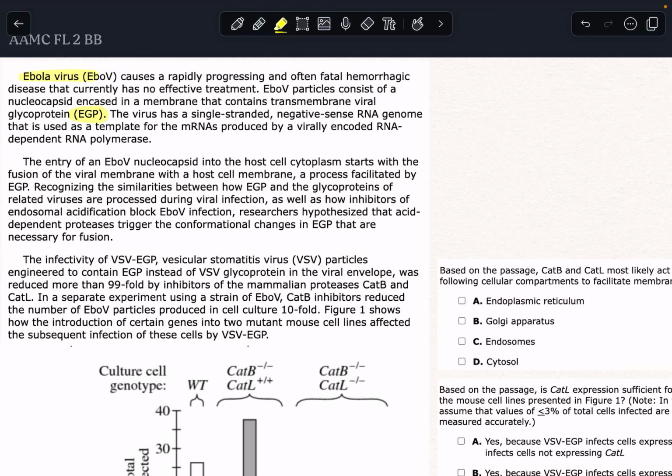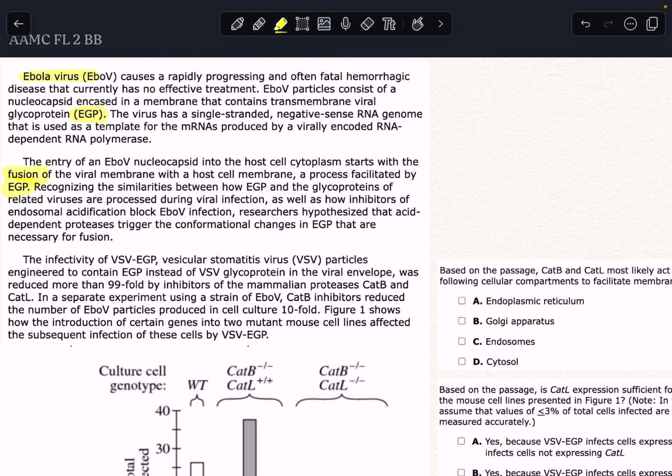The virus has a single-stranded negative sense RNA genome that is used as a template for the mRNAs produced by a virally encoded RNA-dependent RNA polymerase. The entry of an Ebola nucleocapsid into the host cell cytoplasm starts with the fusion of the viral membrane with the host cell membrane, a process facilitated by EGP.